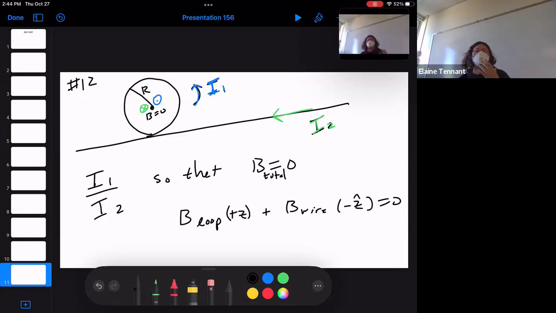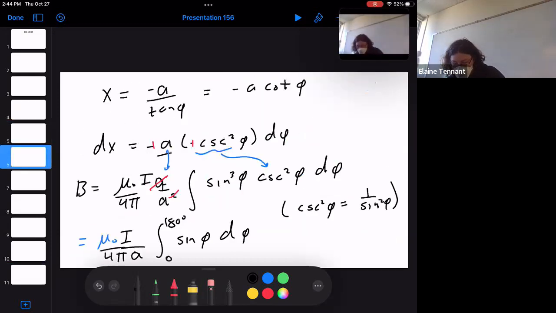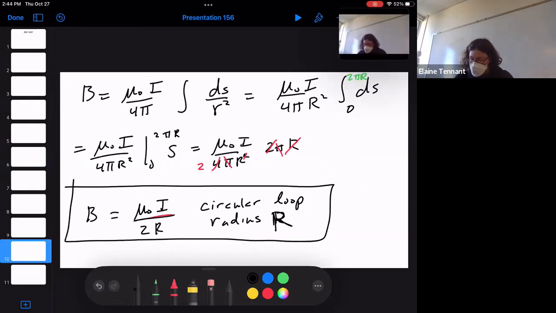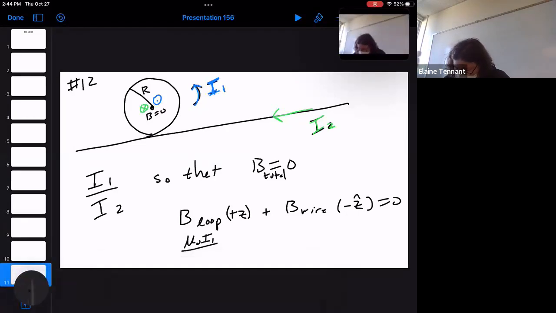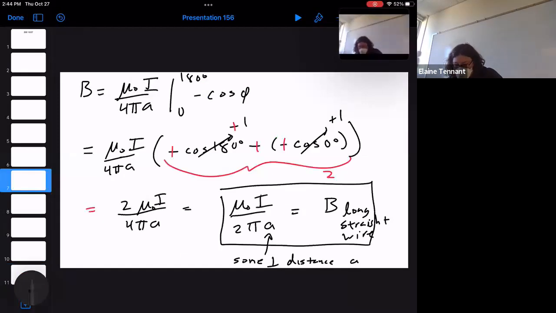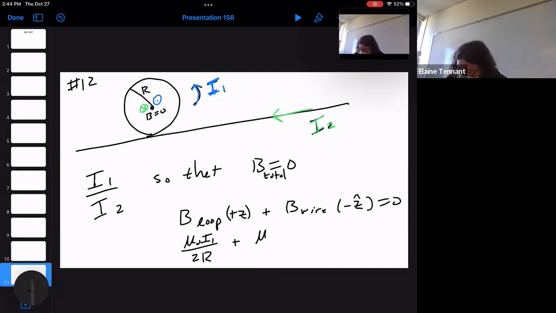And the big key to this problem is make sure you put in the right equation for the right geometry. For my loop of wire, we'll put in mu naught I over 2R. Mu naught, that's I1 over 2R. And then for our long straight wire, we'll put in mu naught I over 2 pi A. But we need to figure out what to put in for A, where A is the perpendicular distance between the wire and the spot in question.